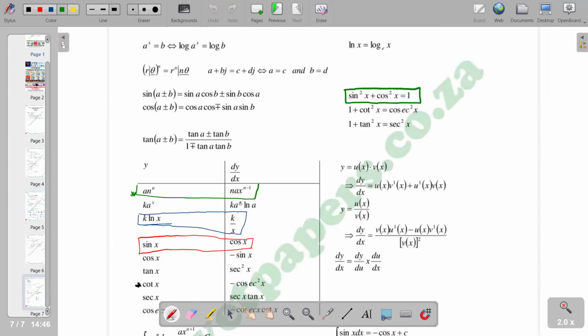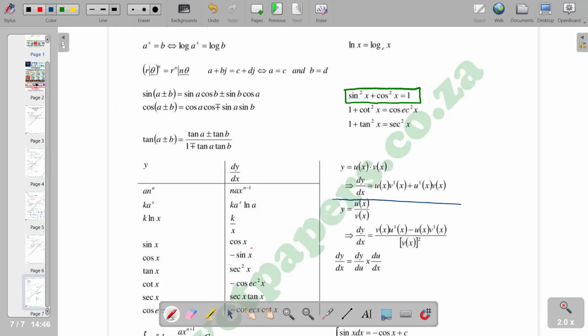So using that, we can go here. If we check where is our quotient rule, here is our quotient rule. Take note of the formula that we are going to use. Here is our quotient rule.